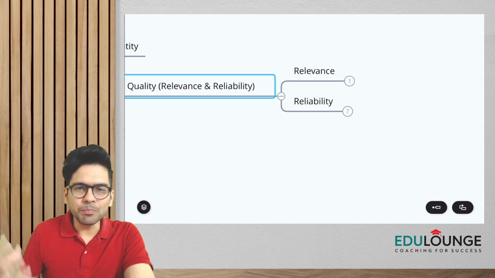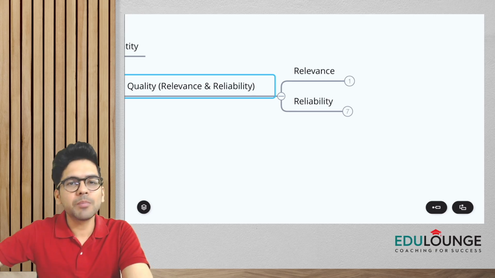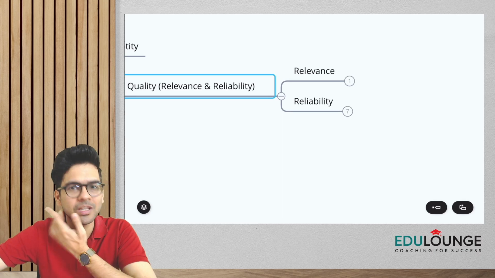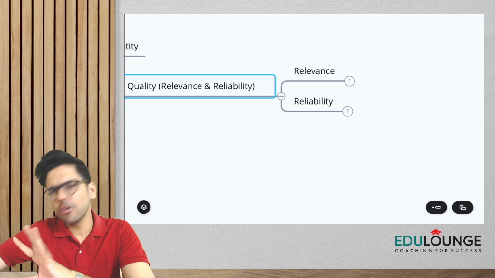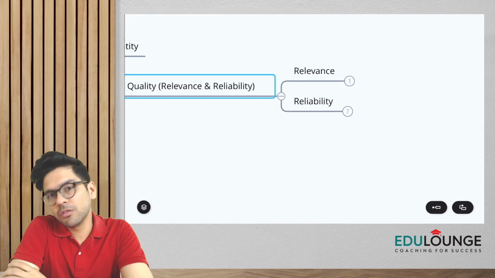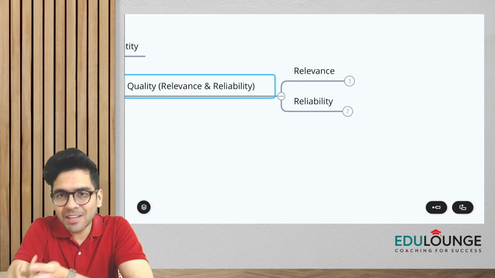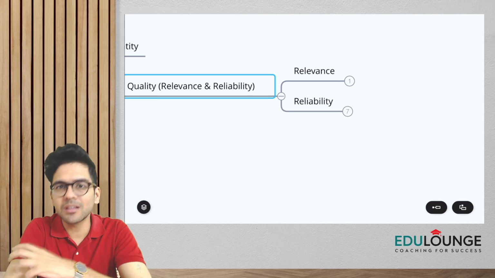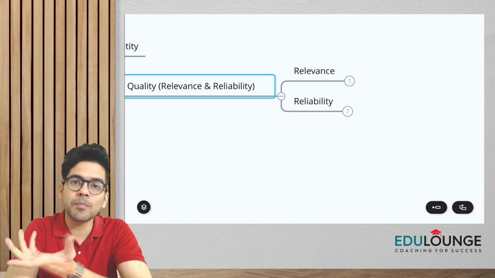Now very simply, guys, you might not be very happy with photocopies. If the management gives you photocopies rather than showing originals, you will not be very happy, right? And you would rely more on evidence which is generated outside the entity, that means externally generated, rather than the one which is generated by management and given to you.